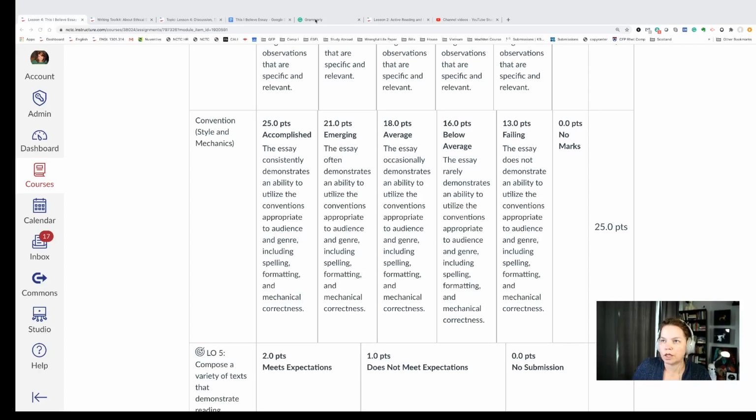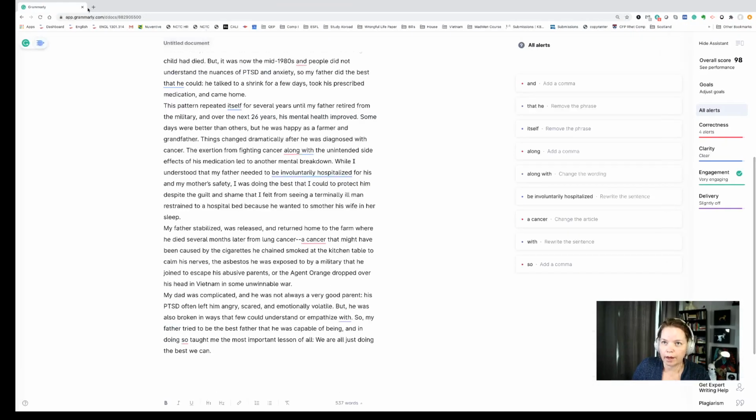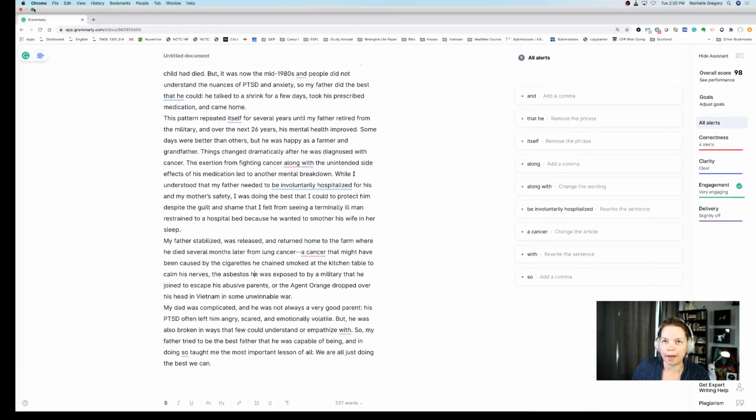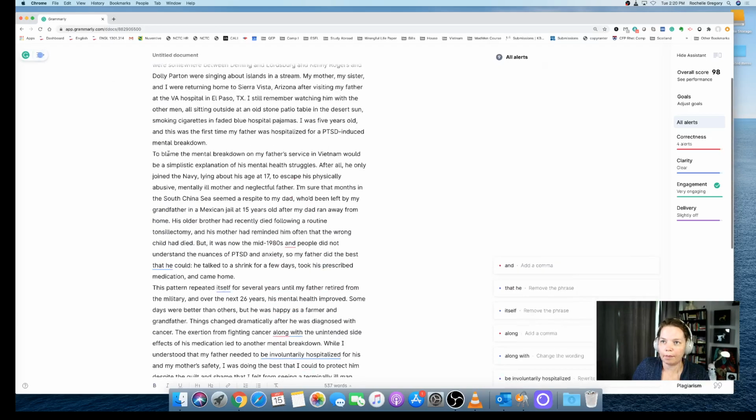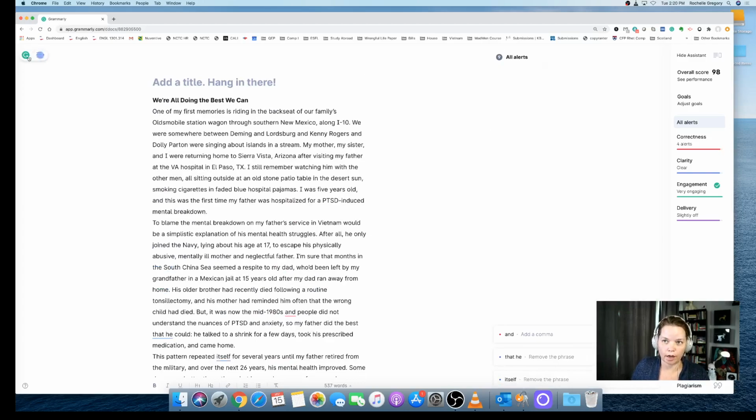It's just Grammarly.com, right? It's spelled exactly like it sounds. So you could, in theory, copy and paste your paper. I copied and pasted my paper into the software here, and what it does is it runs it through common grammar rules that you see in your textbook or in a grammar handbook.